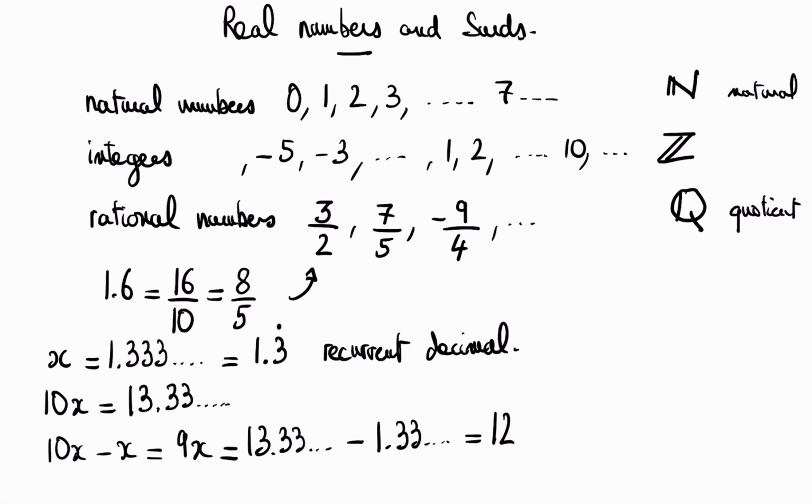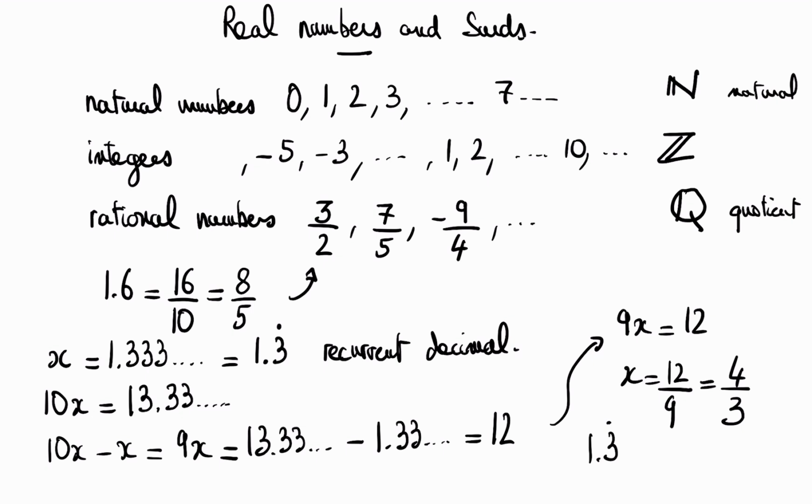So therefore, 9x equals 12. That means x is equal to 12/9, which simplifies to 4/3. So 1.3 recurring is equal to 4/3. That means this recurring decimal is actually a rational number.